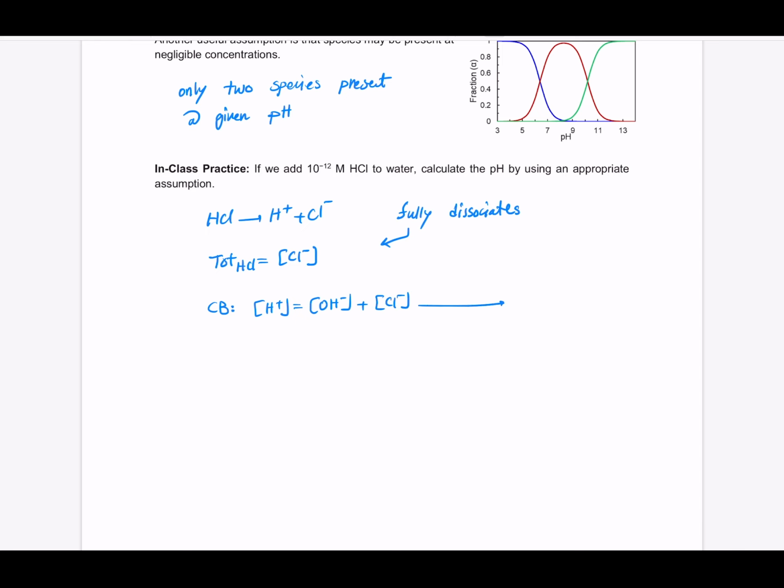And we know, based on the water equilibrium equation of Kw, which relates the two, that OH minus is Kw over H plus. So H plus equals Kw over H plus plus Cl minus, and let's call this one equation 1.